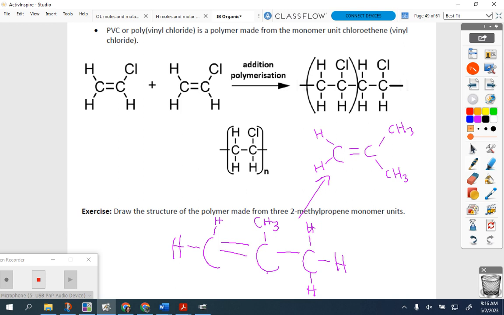Right, because it's going to have another something else on the end. It's either going to be a hydrogen there, or it's going to be another unit of the monomer. So if it's just three, should I just put hydrogen there? Well, you can leave it like that. That's fine.